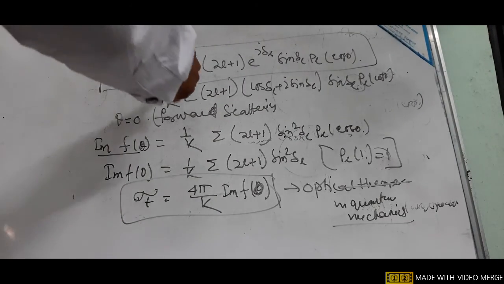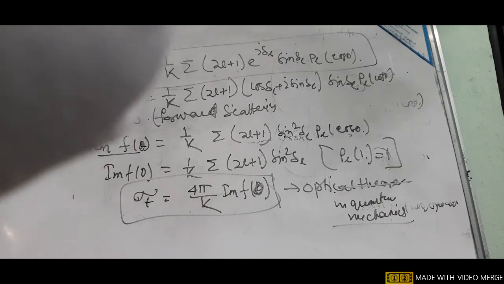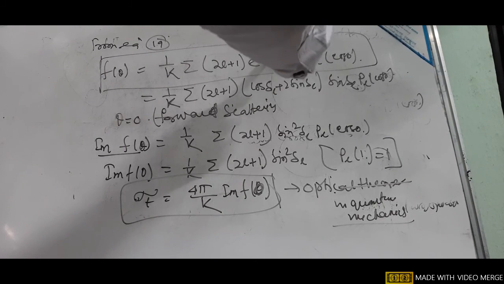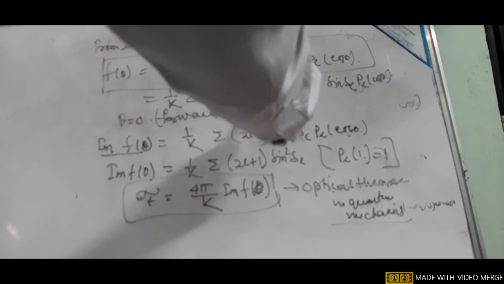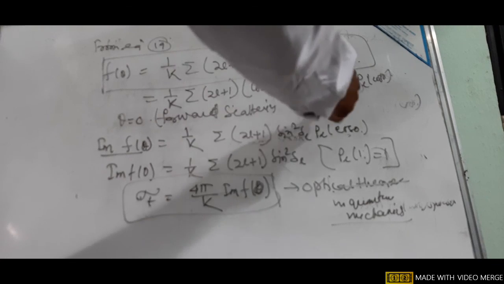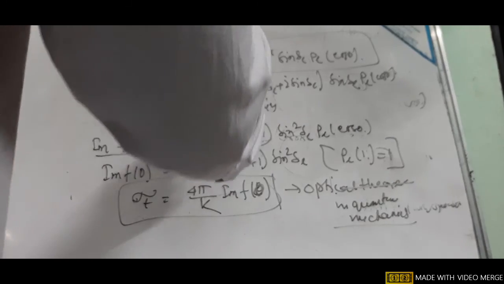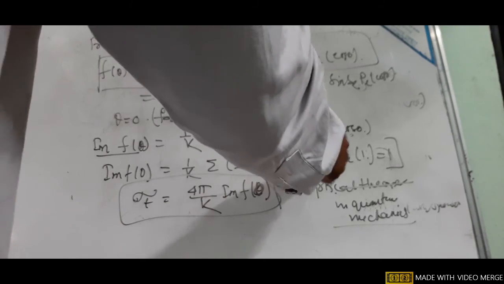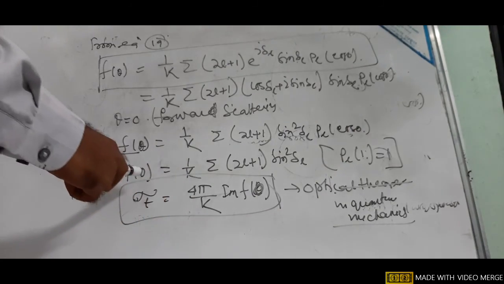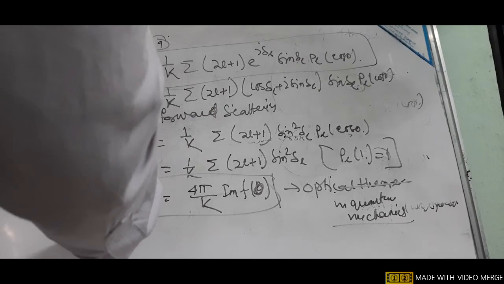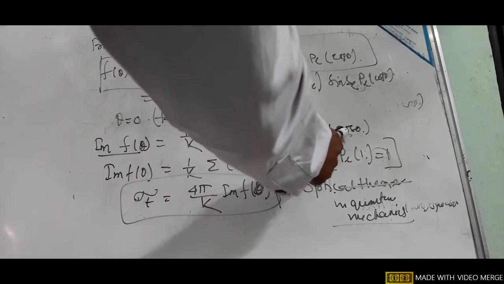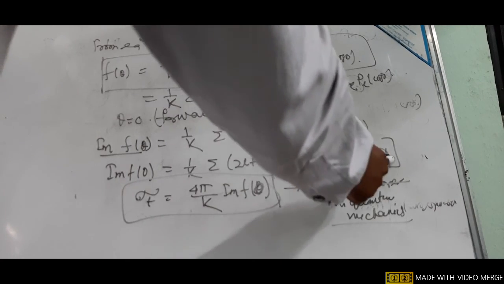Then we take the imaginary part of this amplitude by splitting e^(i delta_l) as cos delta_l plus i sin delta_l. Then we multiply and take the imaginary part. So imaginary f(theta) equals 1 by k summation (2l+1) sin squared delta_l P_l(cos theta). We take theta equal to 0 for the forward scattering, so imaginary f(0) equal to, here P_l(1) equal to 1.